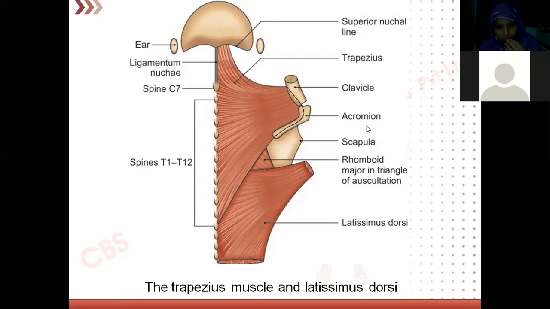Now coming to this, what is this bulky muscle we are seeing? This is latissimus dorsi. Do you remember when we were doing the scapula, from the inferior angle of the scapula we saw a few fibers of latissimus dorsi originating. In fact, latissimus dorsi originates from the spines of the lumbar vertebrae, from the sacrum, from the iliac crest.